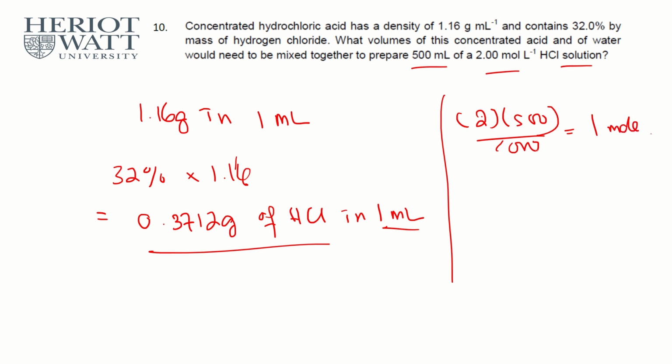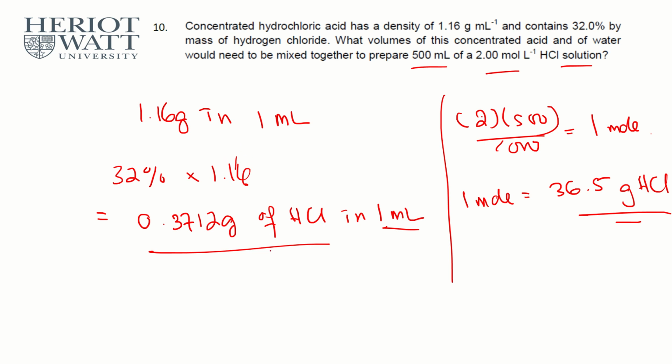So we need to prepare 1 mole of HCl. 1 mole is equivalent to 36.5 grams of HCl. So we need to prepare 36.5 grams of HCl, and we know that 1 ml consists of 0.3712 grams of HCl. So from here, what is the volume of the acid needed in order to give 36.5?